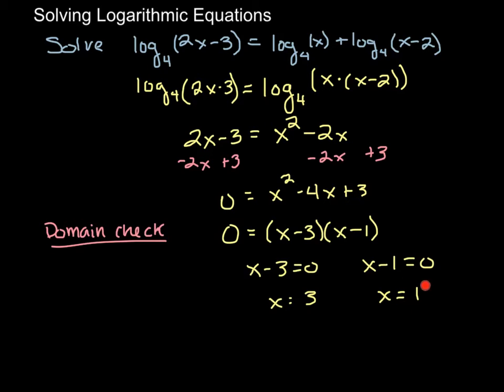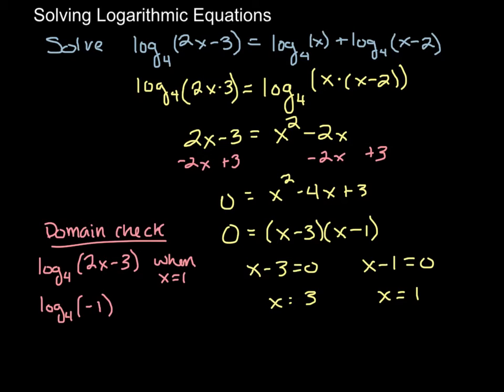Now let's check the 1 to make sure that all these are going to end up being positive. If we plugged in 1 into this logarithm, we have 2 times 1 minus 3, which is negative 1. So if we did log base 4 of 2x minus 3, when x equals 1, we will come out to log base 4 of negative 1, which that is not allowed.